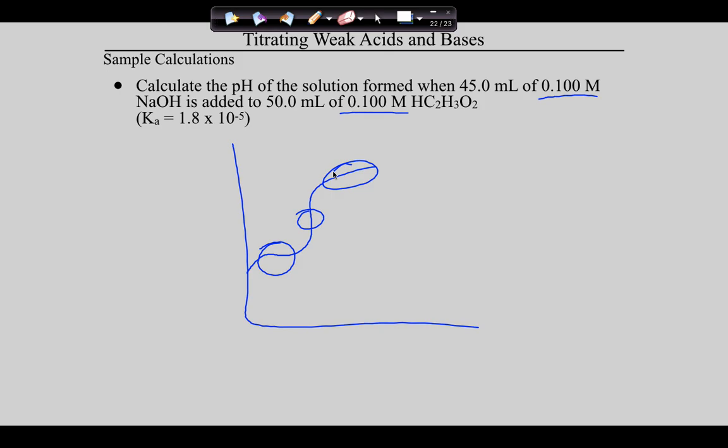How do you know before? Are we before, at, or after? Before. How do we know? Molarities are equal, and we've added less base than we have acid.